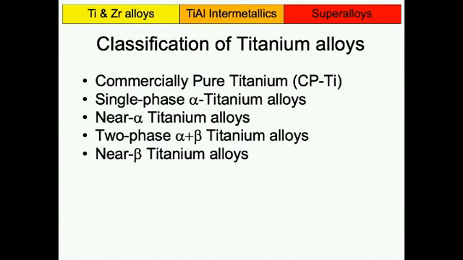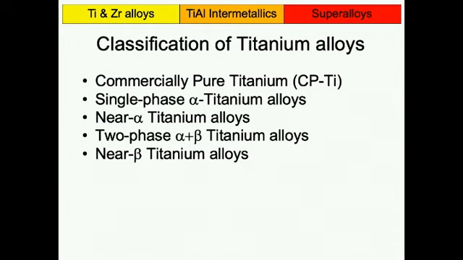So then moving on, titanium alloys, there are actually quite a lot of different types of titanium alloys, and so there's some sort of classification we can use. There are commercially pure titanium alloys. They're not perfectly pure, because perfectly pure titanium is very, very difficult to achieve and very, very expensive.